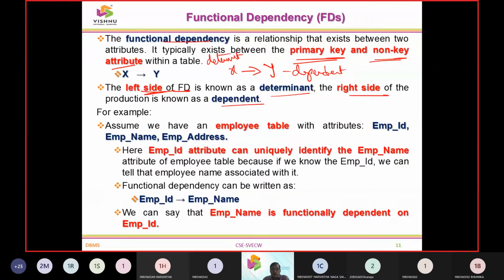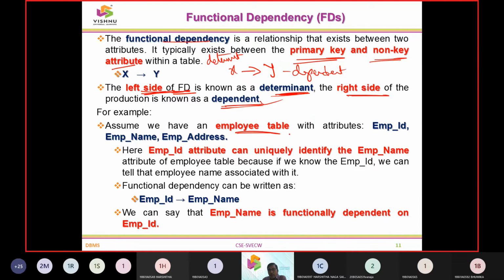So the left side of a functional dependency is called the determinant and the right side is known as the dependent. Okay, fine.